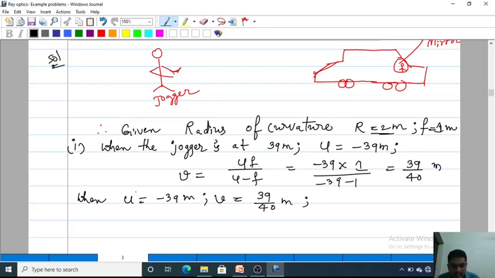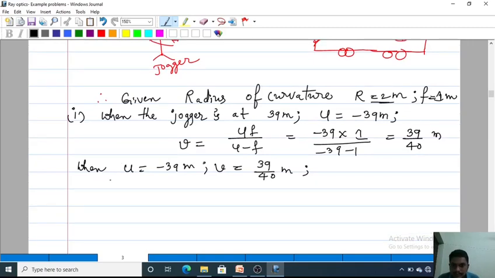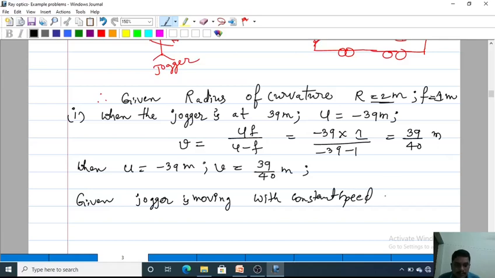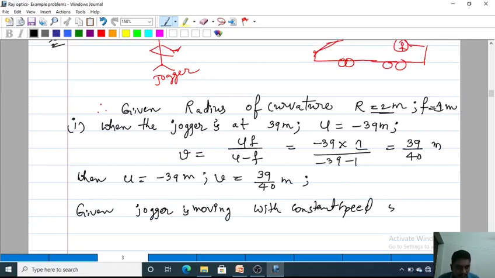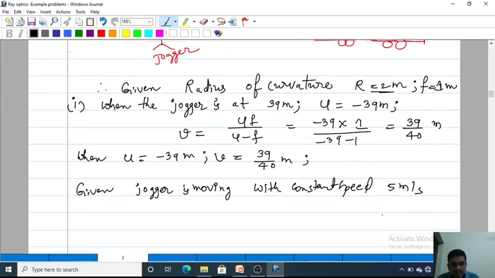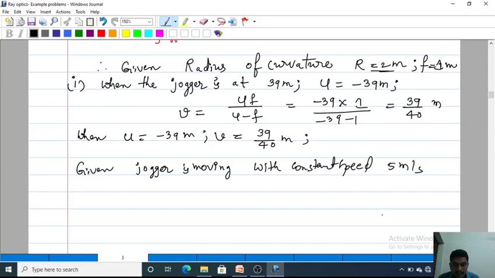Now, in the second case, it is also given that the jogger is moving with a constant speed, which I think is 5 meters per second. In 1 second, the jogger covers 5 meters.